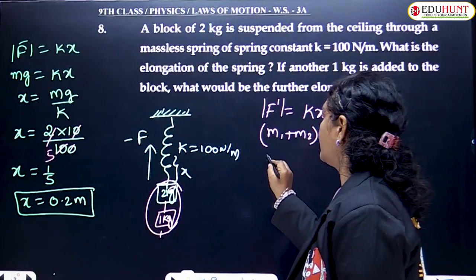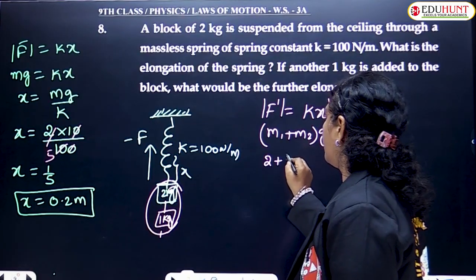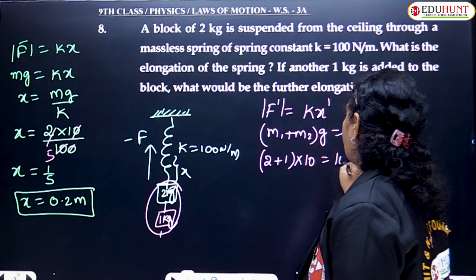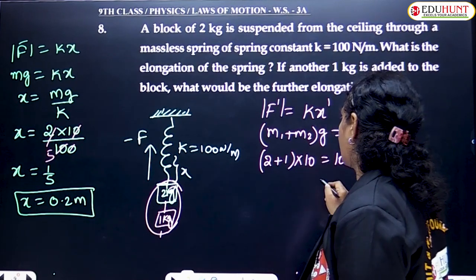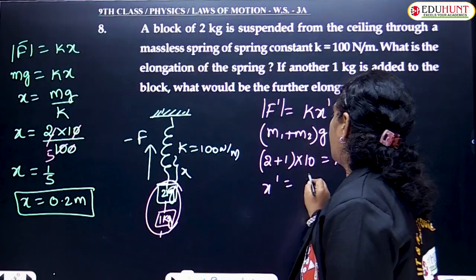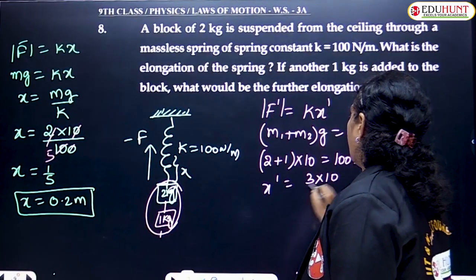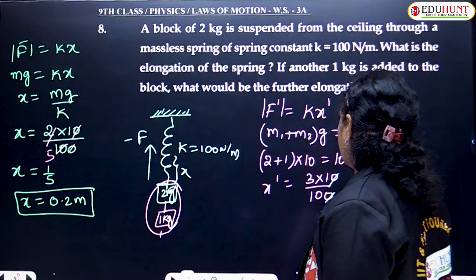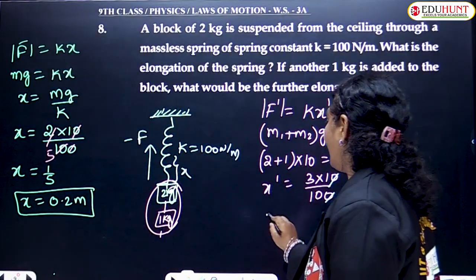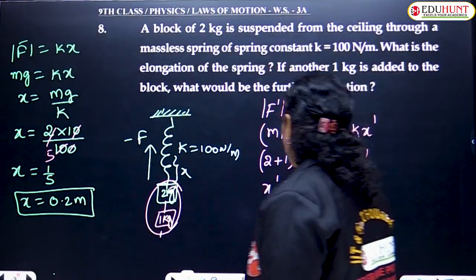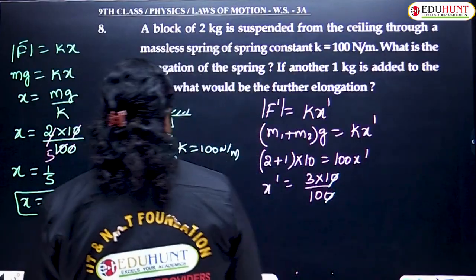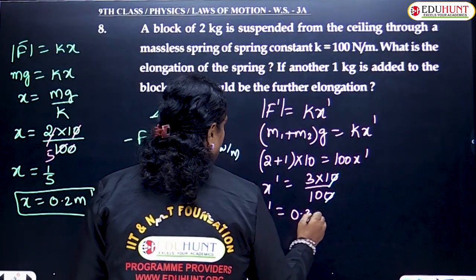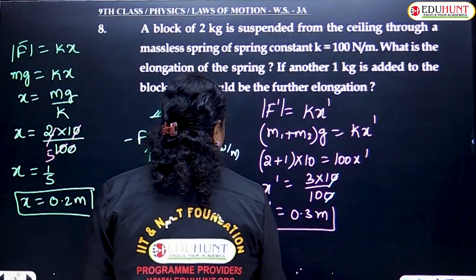The first mass is given as 2 kg and the next mass is an extra 1 kg, into g, let me take it as 10, equal to 100 into x dash. Or x dash is equal to 3 into 10 upon 100. Solving this, we have this and this cancelled. So the value of x dash is found to be how much, children? It is 0.3. So x dash is equal to 0.3 meters.